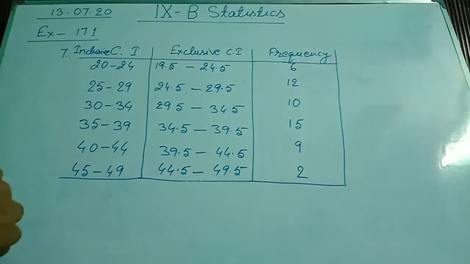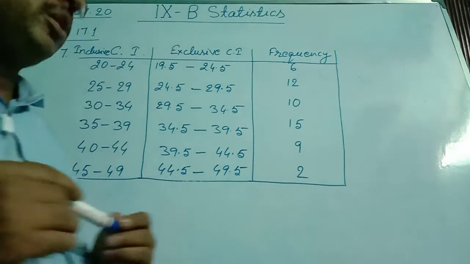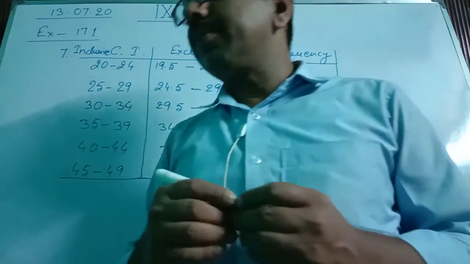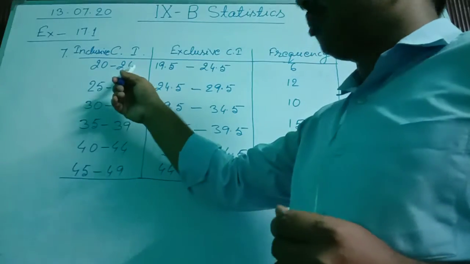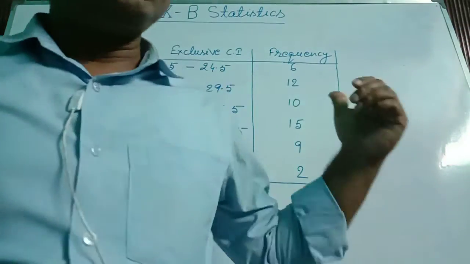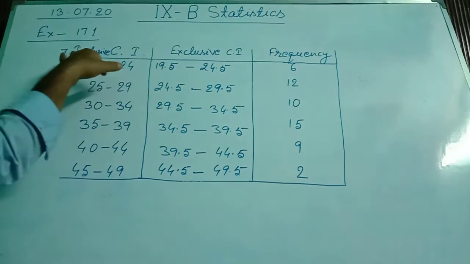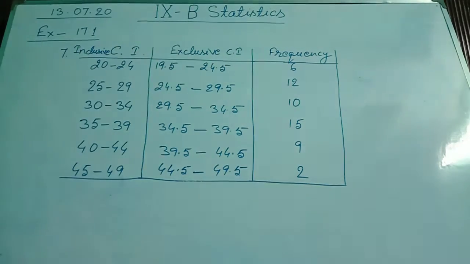So in all these class intervals we have followed the same rule. We have subtracted 0.5 from the lower limit and added 0.5 to the upper limit of each class interval to change inclusive to exclusive class intervals.